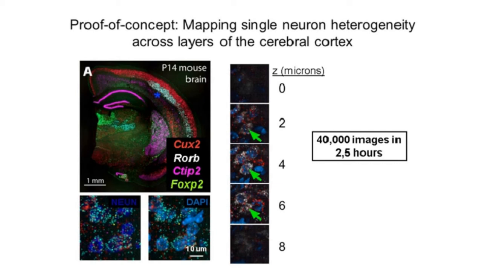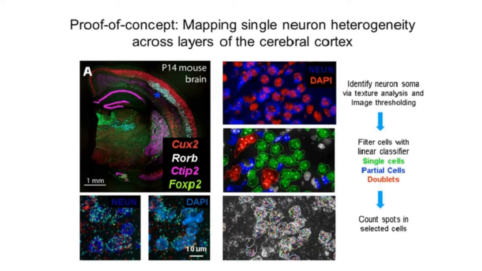So after we collect these large image data sets, we identify single cells. In this case, we have used the antibody staining against a neuronal marker, NeuN, in dark blue, as well as staining for DAPI, which is a nuclear marker, to segment single neurons. Our pipeline basically looks something like this.